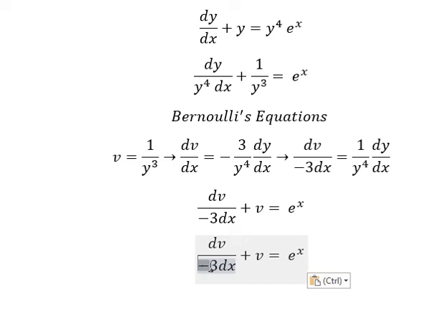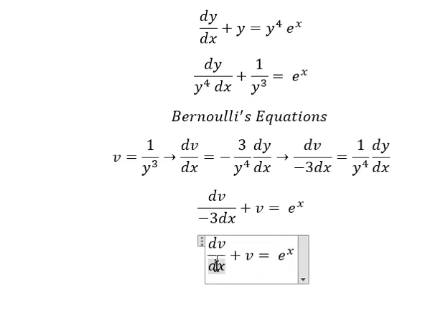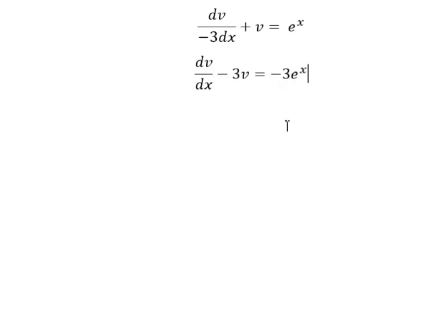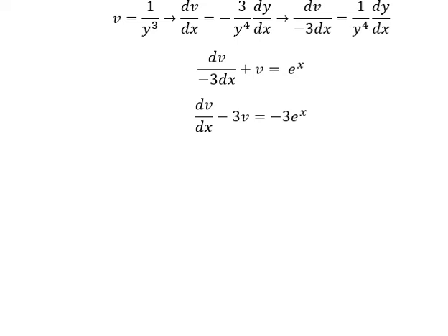Next, we multiply both sides by negative number 3. Next, we have v and the first derivative of v, that is about a linear differential equation.